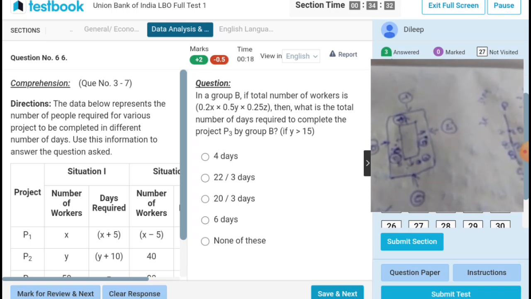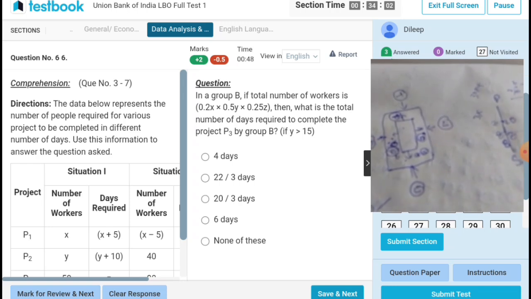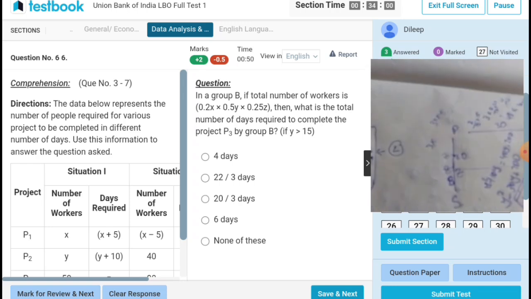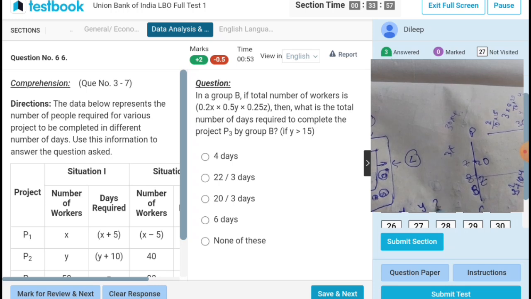P3 of group B. Tx. $16 by 9. So x, y, z 15, 20, 16.